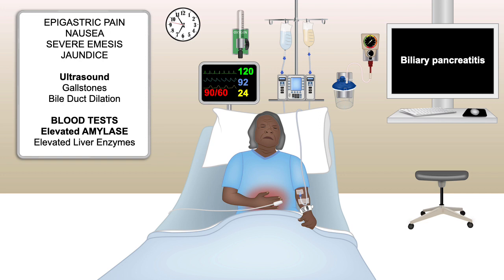If they fall into the common bile duct and block the drainage of the liver without infection, that is biliary obstruction. If they have infection as well, that is cholangitis. And if they block the ampulla of Vater and interfere with the drainage of the pancreas and the bile duct, then it leads to biliary pancreatitis.